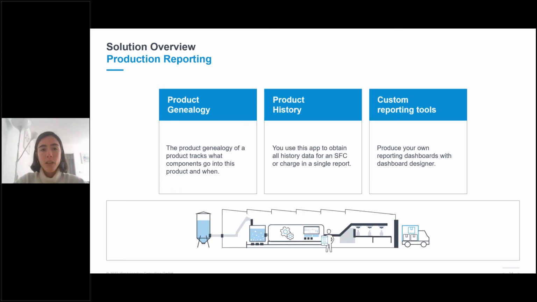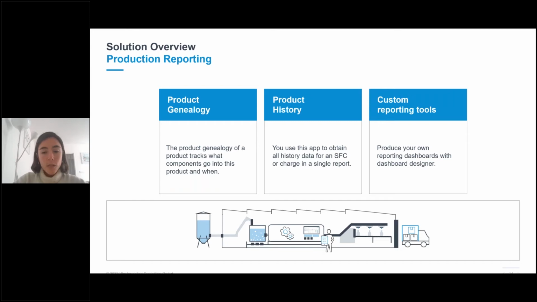We will display the material that was consumed. We will track what components go into what batch, when, where, at what time, which operator, and what work instructions were used. We can really see all that happened to our batch, and this will help us, of course, to track and see the history of all our production records.